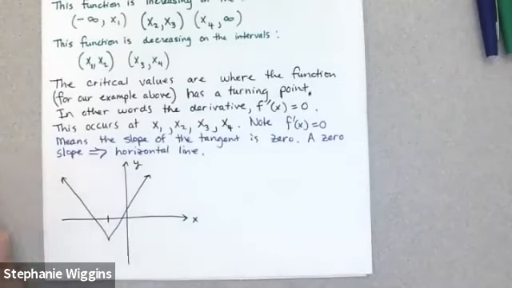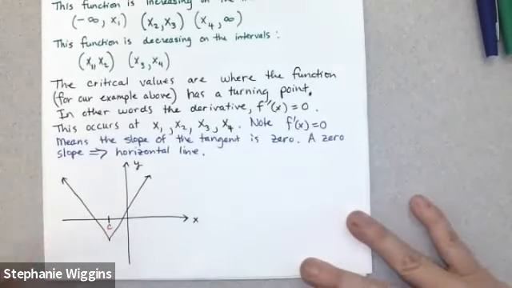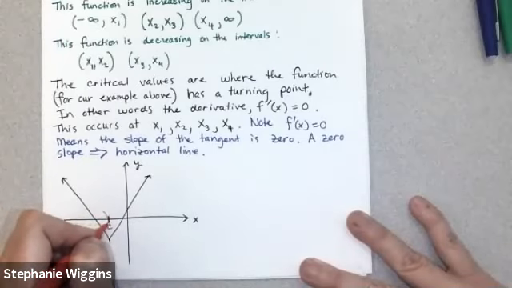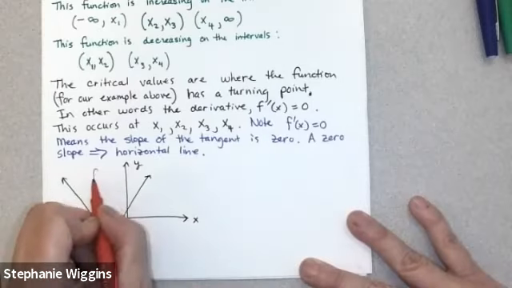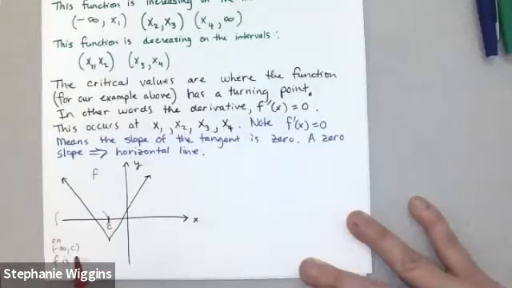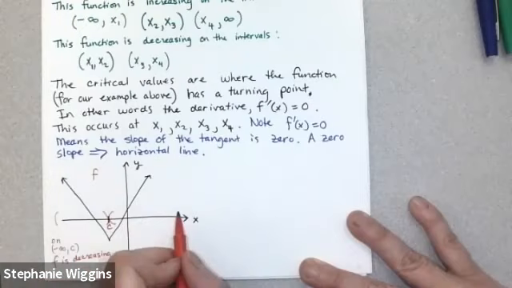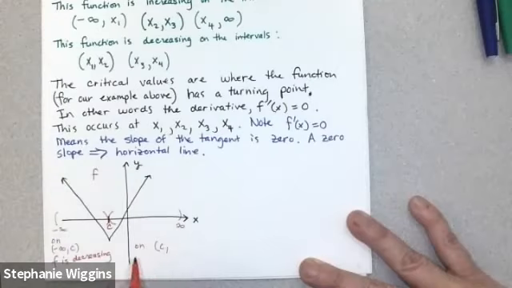This spot right here, that's some constant c, let's say. To the left, from minus infinity up to our constant c, the function, we'll call it f, is decreasing. And on the interval from c to infinity, f is increasing.